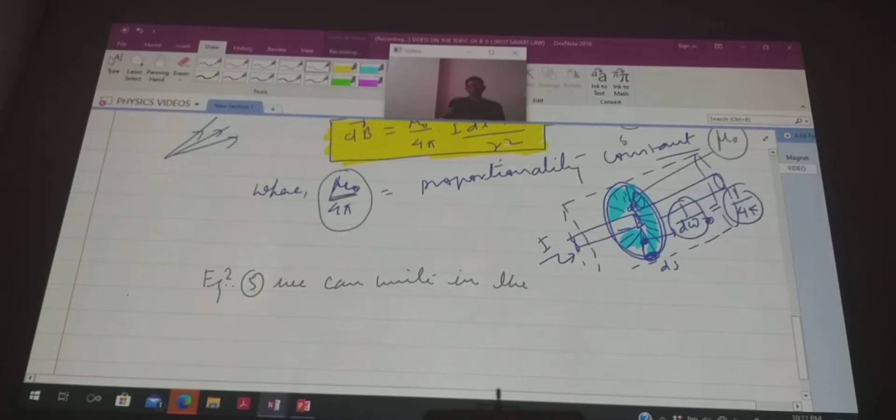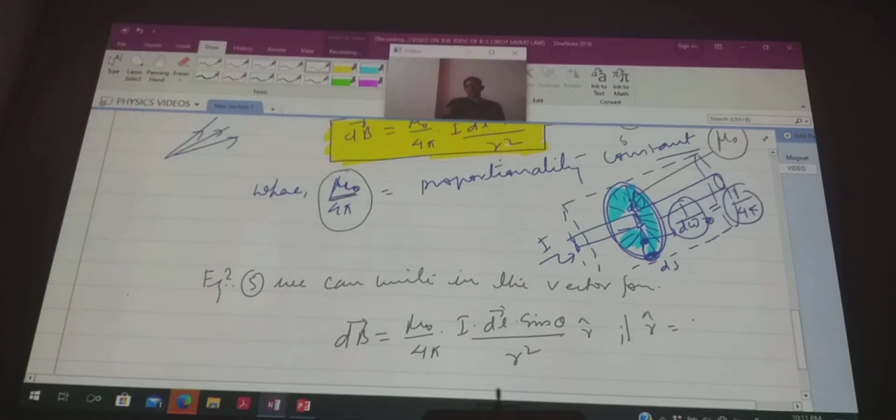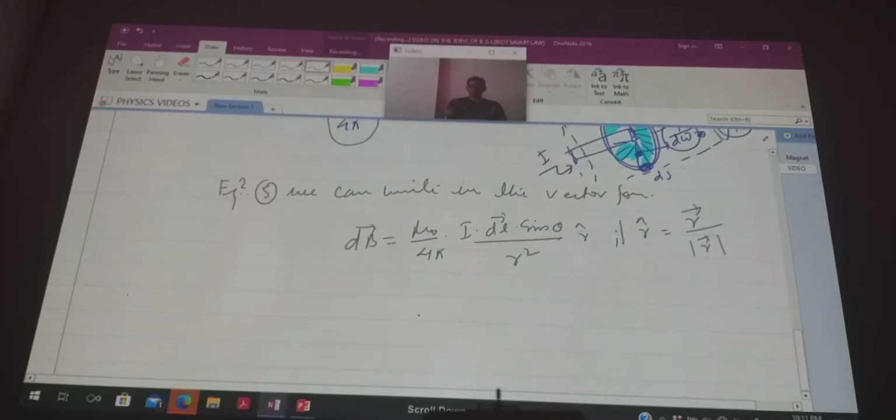This is mu 0 upon 4 pi, I dl sin theta upon r square, where r unit is known as the unit vector of position, the mod of the position vector.